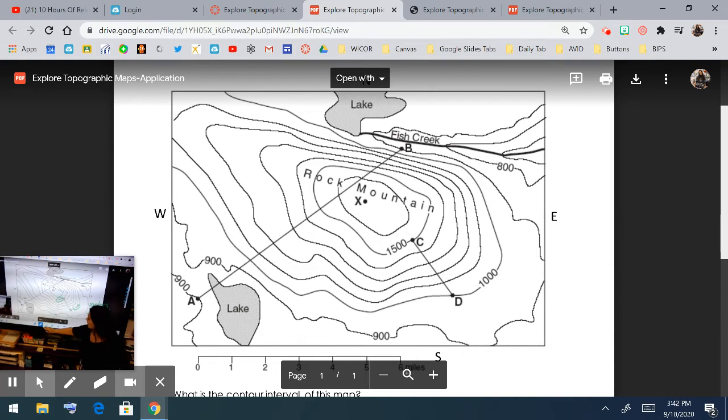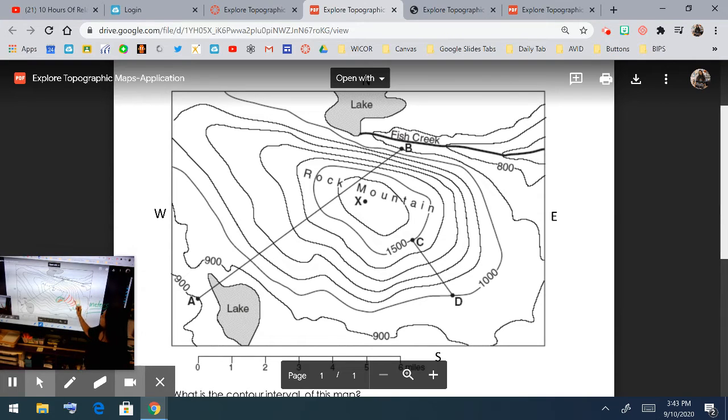So now my next question is, if that is 1,000 and that's 1,500, then you count how many lines are in between. So if there's 4 lines in between and this is 1,000 and this is 1,500, what would each of these lines mean? So you can kind of use common sense and think about it that way. Another way that I show my kids is to have them count how many spaces.